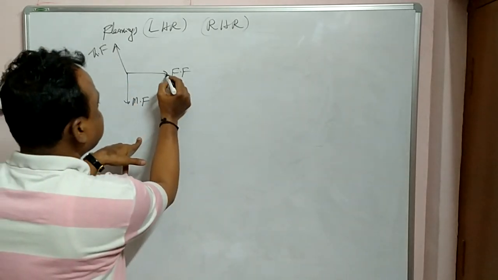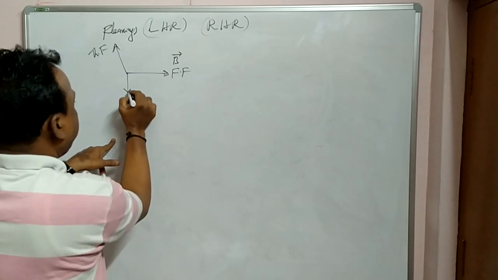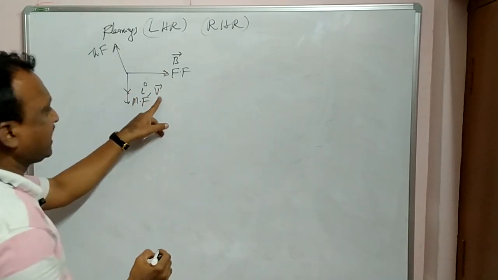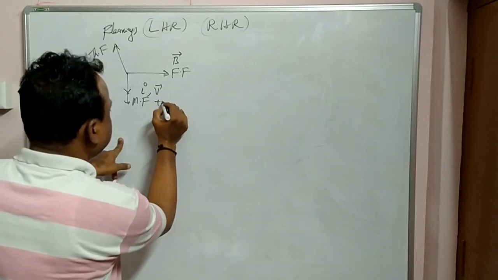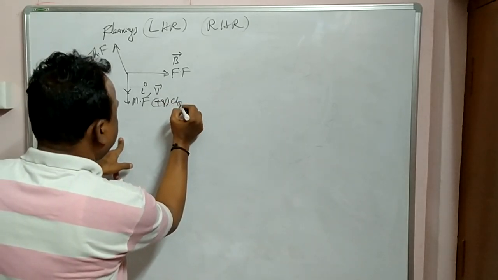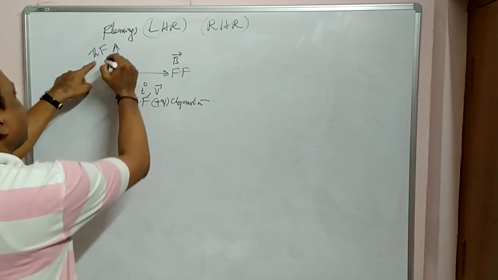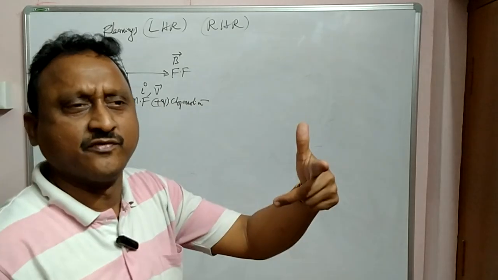Then the forefinger indicates the magnetic field direction, the middle finger indicates the positive charge motion, also called velocity, and the thumb indicates the magnetic force.